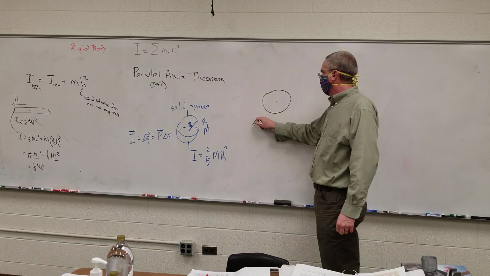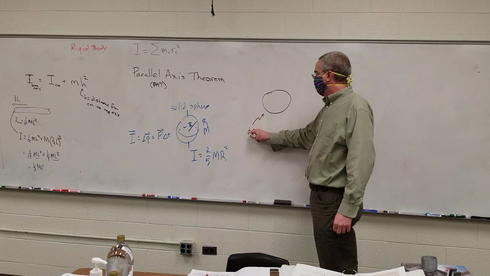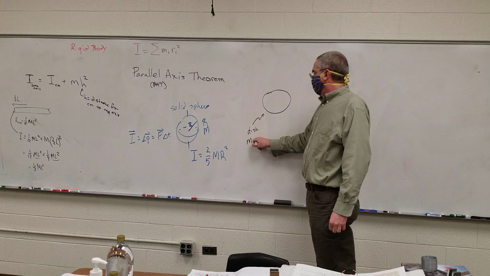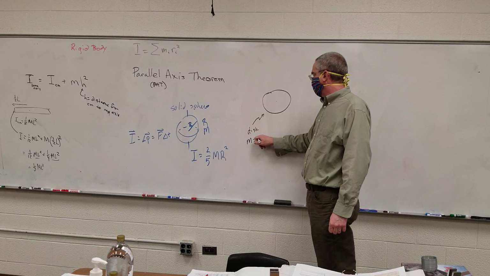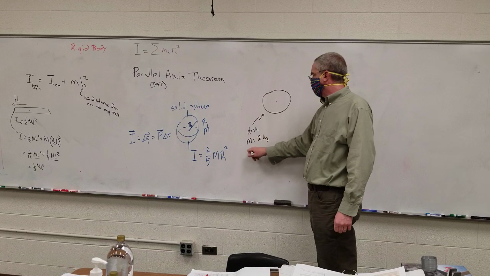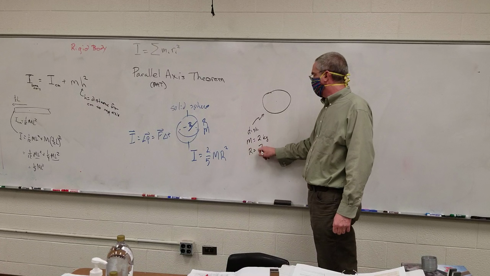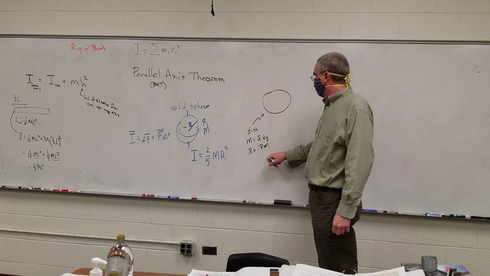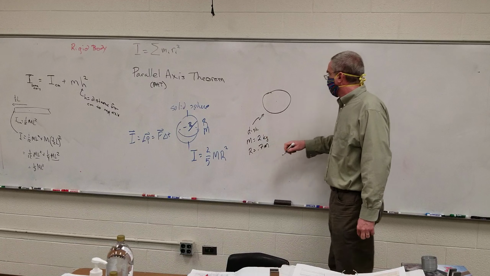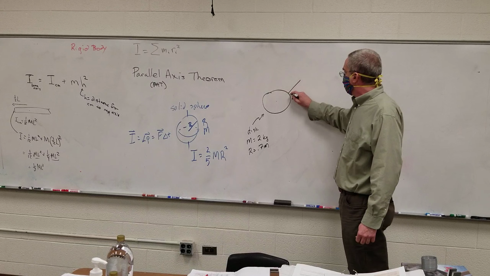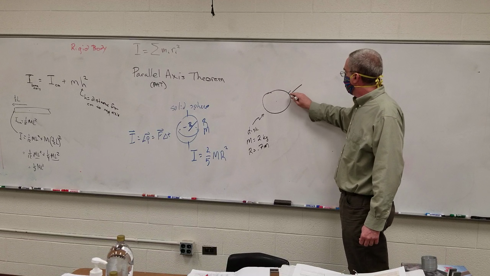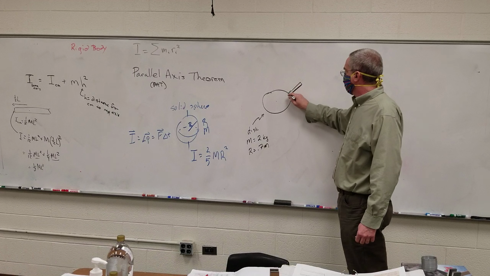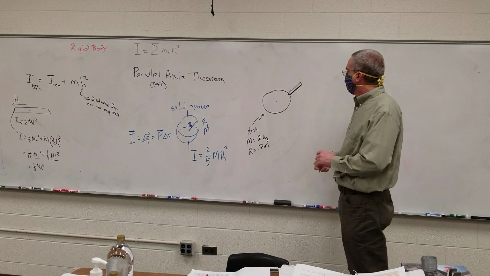I have a disk here. Mass is 2 kilograms, radius is 0.7 meters. And I don't care what the thickness is. And I have a rod here stuck into the end of it, or super glued to the end of it right here.